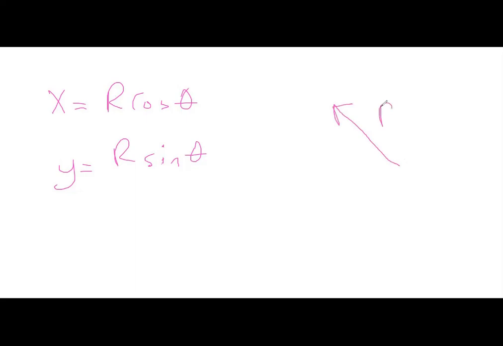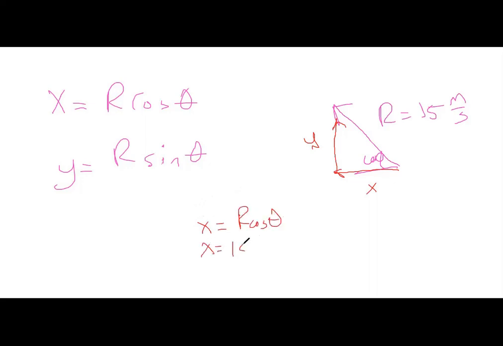So if I have this resultant here, 15 meters per second at an angle of 60 degrees, I again draw my vector diagram. This is y and x. X will equal r cosine theta, 15 cosine 60, 7.5 meters per second.